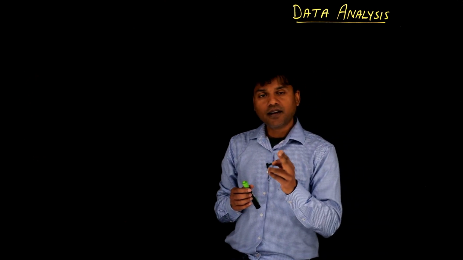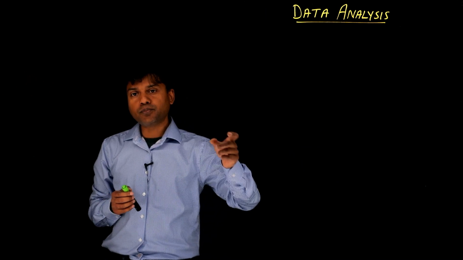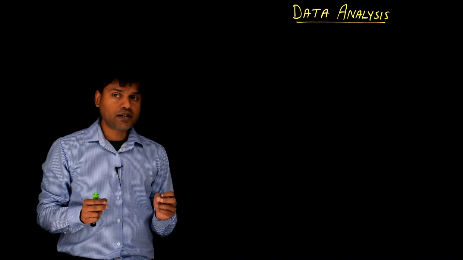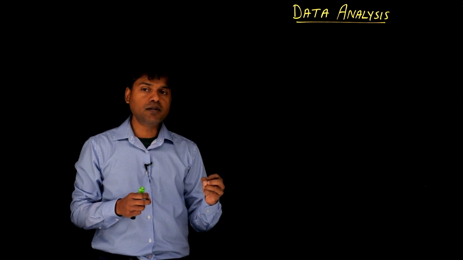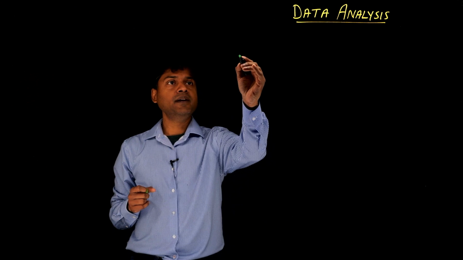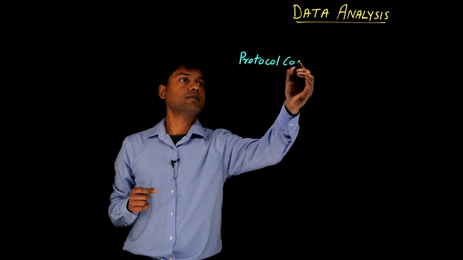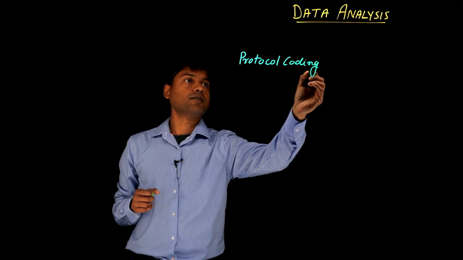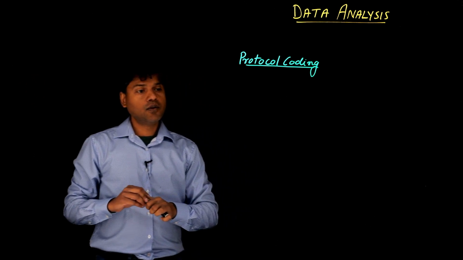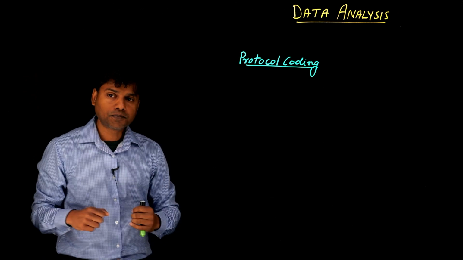There is another method of coding where we reverse this process. Unlike the exploratory strategies where the codes are emerging from the data, we use another method called protocol coding. In protocol coding, we first develop a coding framework.